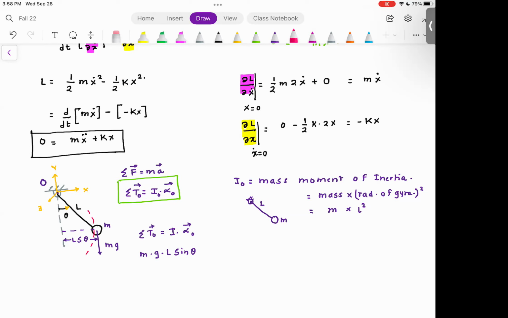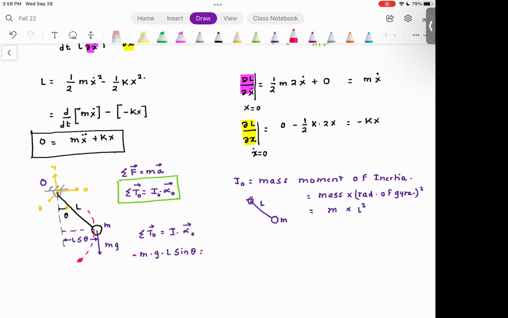Curl your fingers and you will see that this torque is negative. But now look at theta. Curl your fingers in the direction of theta. Theta, theta dot, theta double dot are in the same direction, which means theta, theta dot, theta double dot are positive. You agree with me?